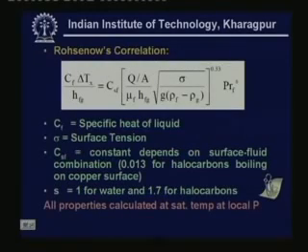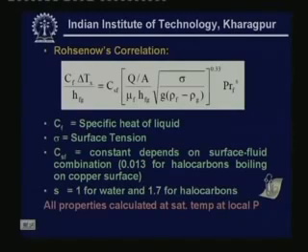This is one of the popular correlations, known as Rohsenow's correlation. Here Cf is the specific heat of the liquid, and delta T_x is the temperature difference between the surface and the fluid. h_fg is the latent heat of vaporization. C_sf is a constant which depends on the surface-fluid combination, which is 0.013 for halocarbons boiling on a copper surface.